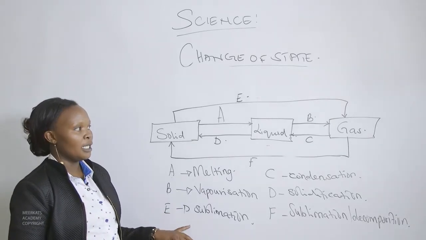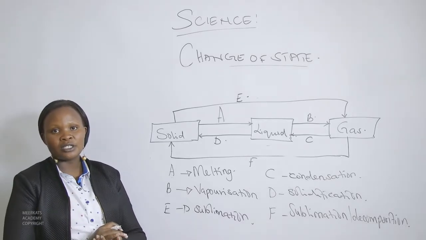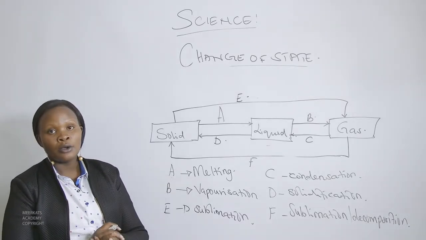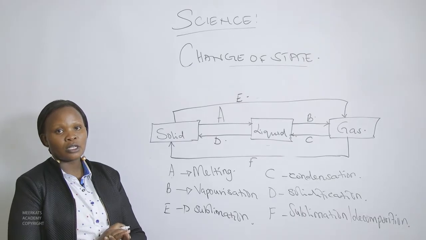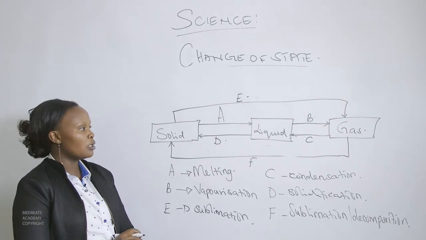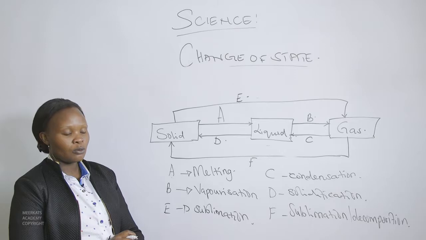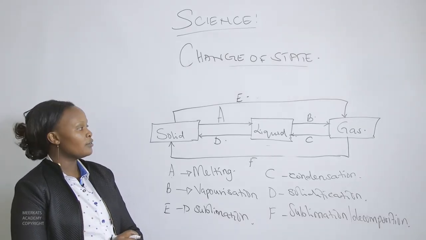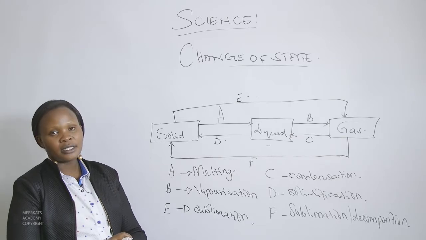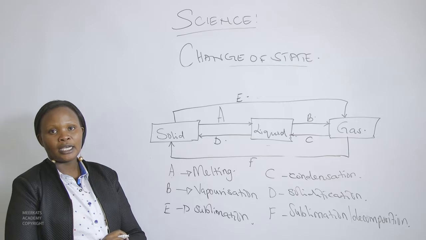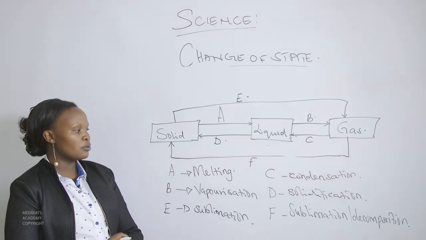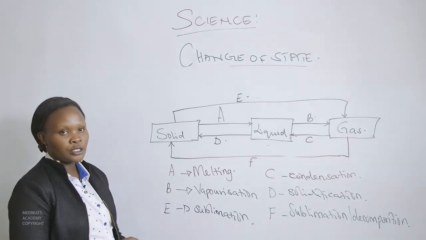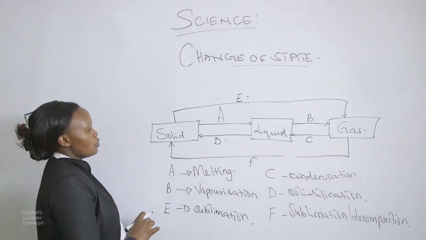We can have E, where our solid changes direct into a gas without passing through the intermediate liquid state. We call it sublimation. Then we have process C, which we call condensation. D is solidification, and we could also have F, which is called decomposition.